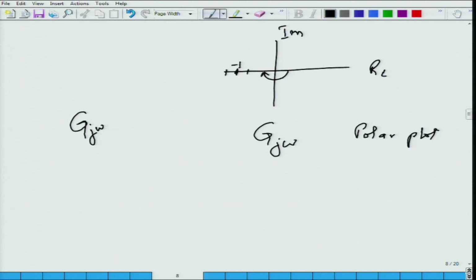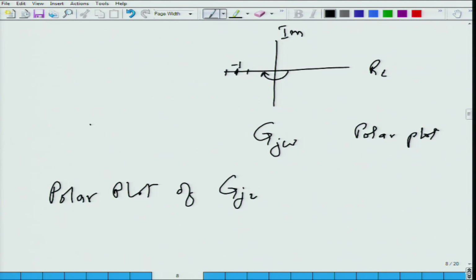And let me also introduce at this point in time the polar plot of G j omega, which is nothing but you plot the real, see G j omega is a complex number with a real part, and the real part depends on omega, plus j times b, which is the imaginary part, and the imaginary part also depends on omega. Yeah.